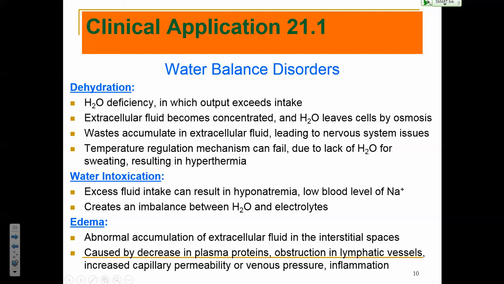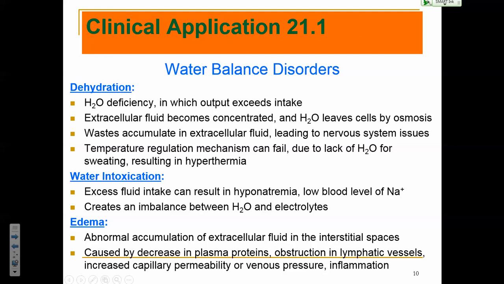You know, whether it's an athlete or you're working outside for a long length of time and not getting enough water, or somebody maybe has diarrhea. So in a medical setting, people can dehydrate for various reasons. You may have even heard of water intoxication, where somebody takes in too much water. Well, that messes up the water levels.